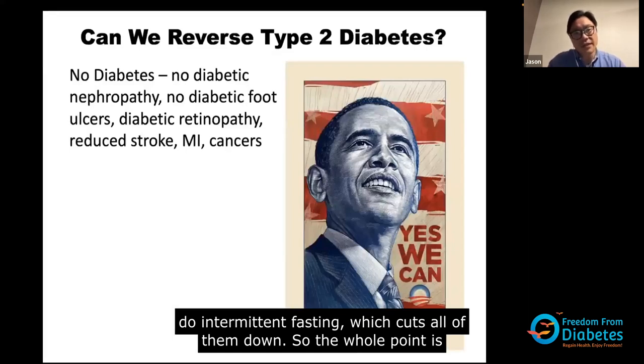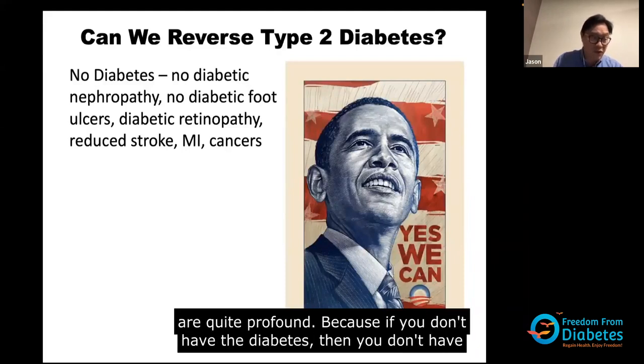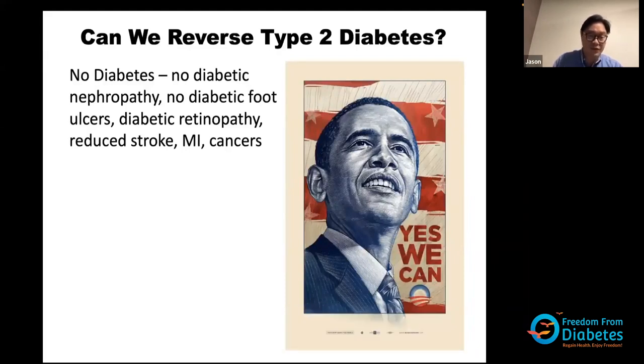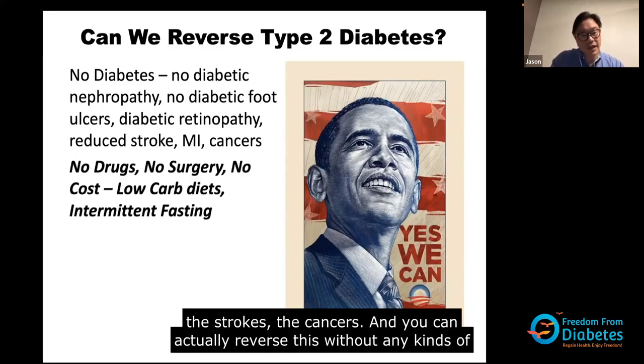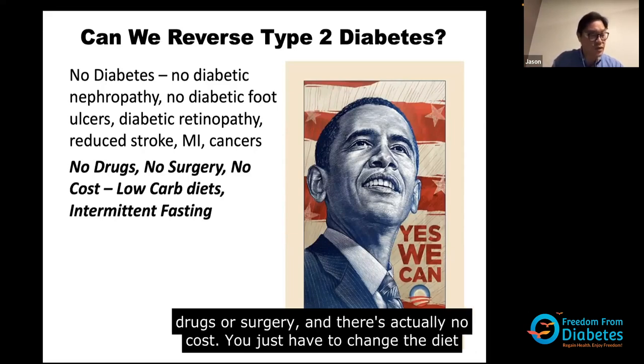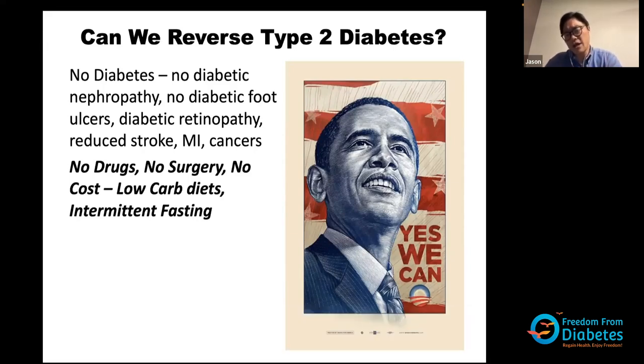So the whole point is that type 2 diabetes is a reversible disease, and the implications are quite profound, because if you don't have the diabetes, then you don't have the nephropathy, you don't have the ulcers, you don't have the retinopathies, the strokes, the cancers, and you can actually reverse this without any kinds of drugs or surgery, and there's actually no cost. You just have to change the diet and do the intermittent fasting, and that's really the promise that we have going forward.